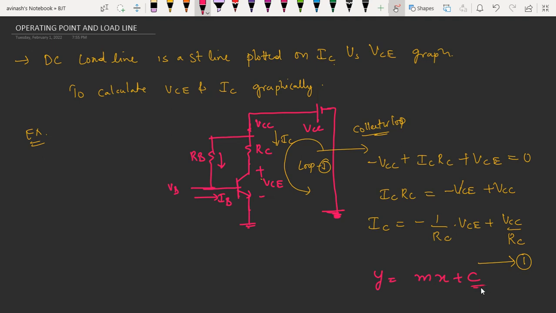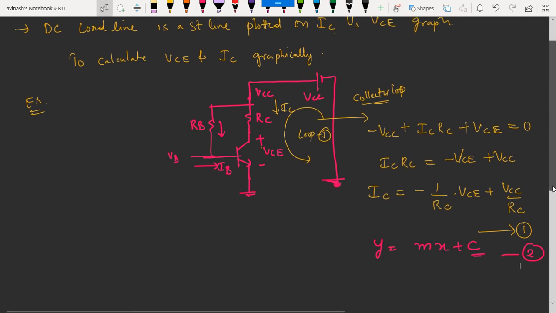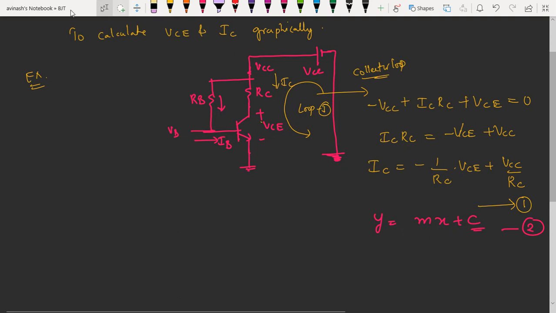What is the value of C? What is the value of M?